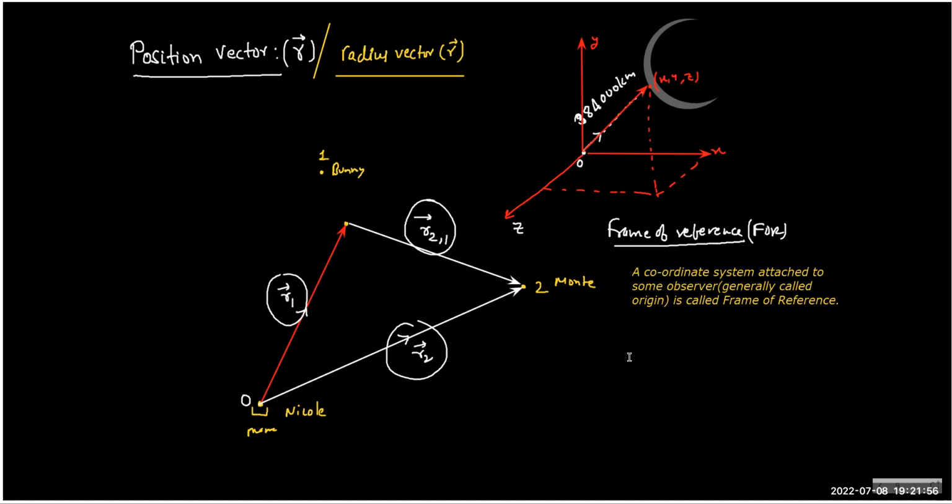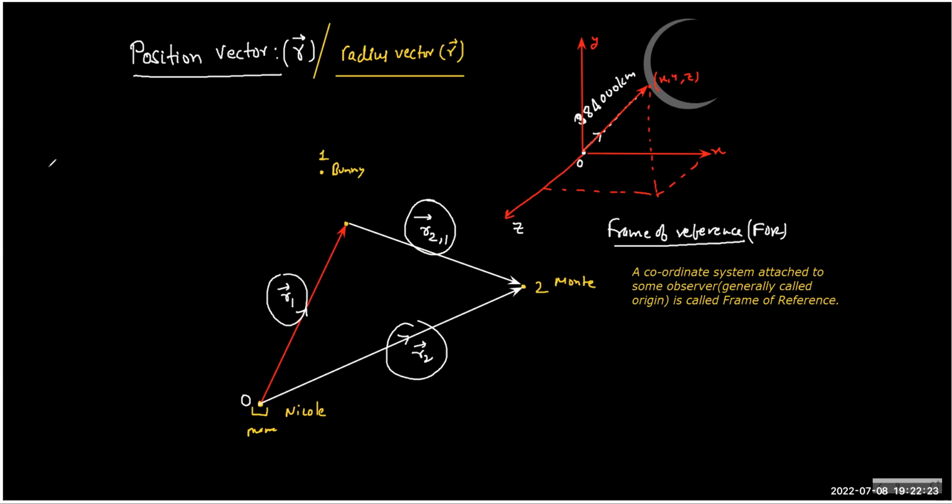Simply draw a line joining the point from the origin. And what will be the direction of the position vector? Always away from the origin. Okay. Position vector must be away from the observer. Origin means the one who observes. Correct? So that's a simple rule which you need to remember.